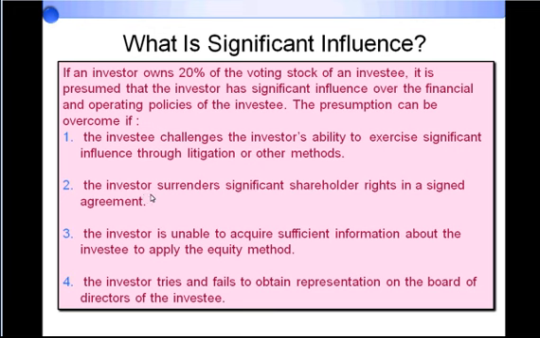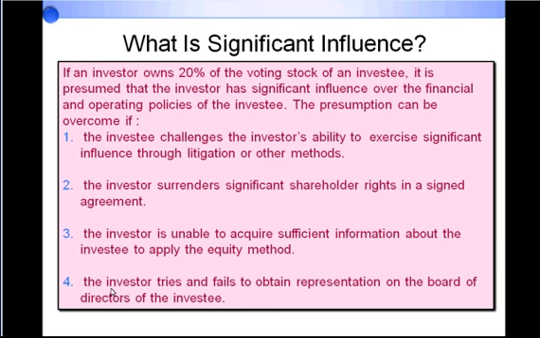If the investor contractually surrenders significant shareholder rights, so even though they own more than 20%, they've given away a lot of their rights as an owner of 20% or more. If the investor just doesn't have a whole lot of information about the investee in order to apply the equity method, they can't get all the information they need to do that, then we won't use the equity method.